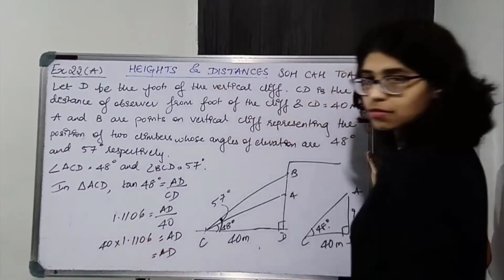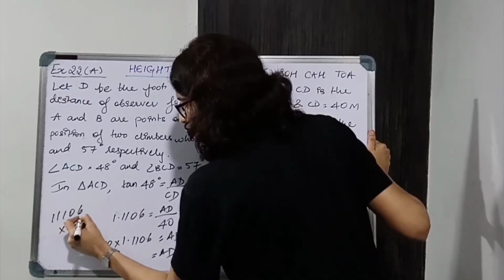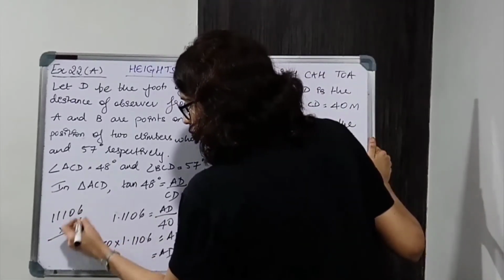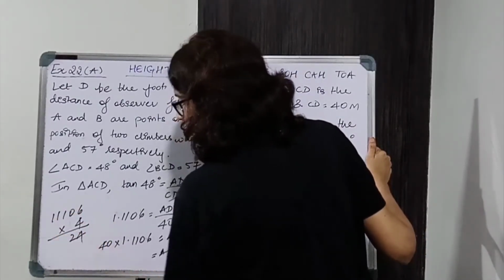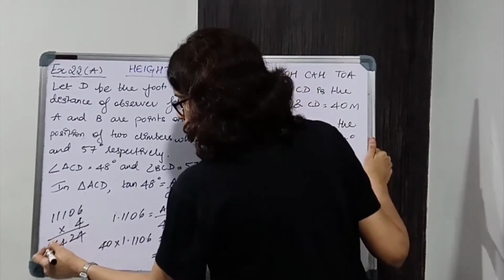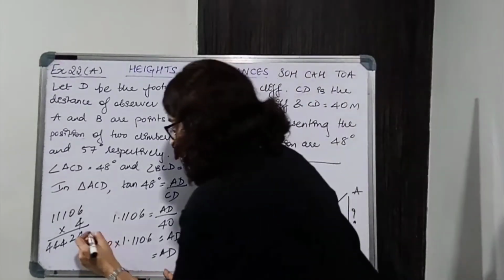So multiply this. 11106 into 4 karo. We'll add the 0 later. So 6 4s are 24. 2, because 4 into 0 is 0 plus 2. 4 1s are 4, 4 1s are 4, 4 1s are 4. Now there is a 0.